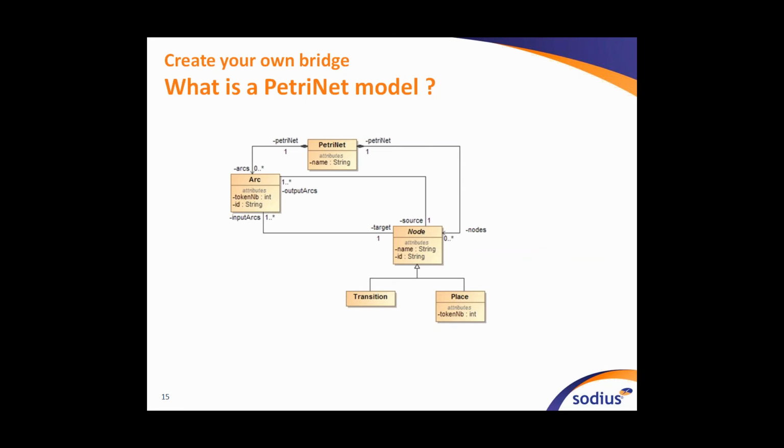And of course you have the relations between the elements: a PetriNet has several arcs, a PetriNet has several nodes, and a node has some output arcs and some input arcs.